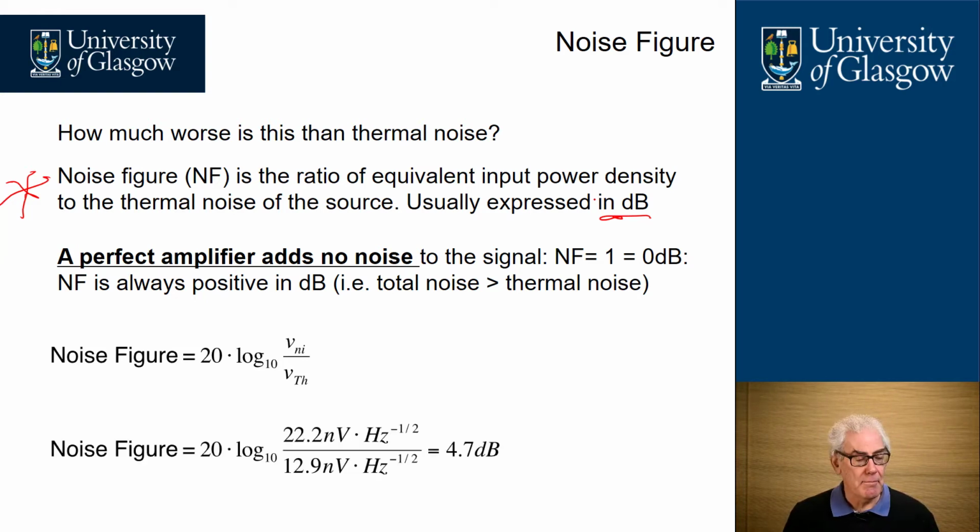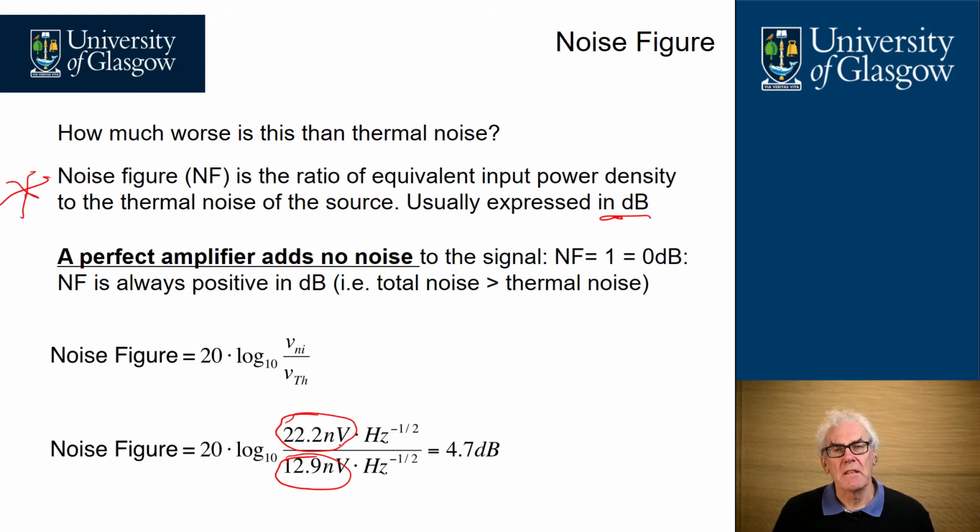And in the example here, we have our total noise is 22.2 nV/√Hz. Our noise from our source, or our 10 kΩ resistor, is 12.9 nV/√Hz, which gives us a figure here of 4.7 decibels. We've now looked at the basics for how we do low noise design.